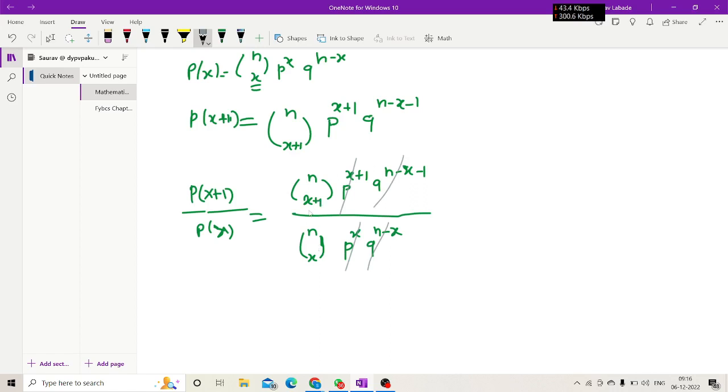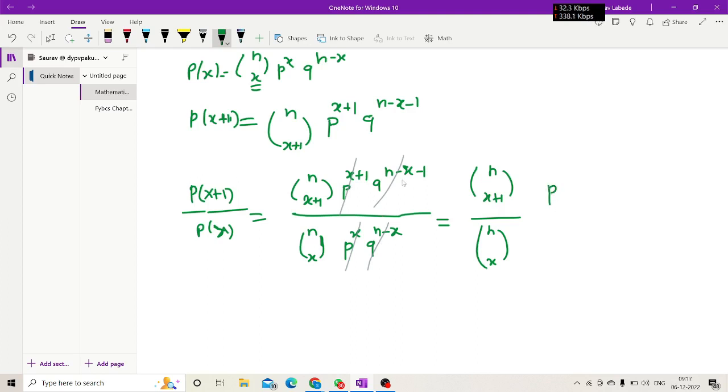Only these terms are remaining: nC(x+1) divided by nCx. The p raised to x cancels, but p raised to 1 remains, so one p is remaining.